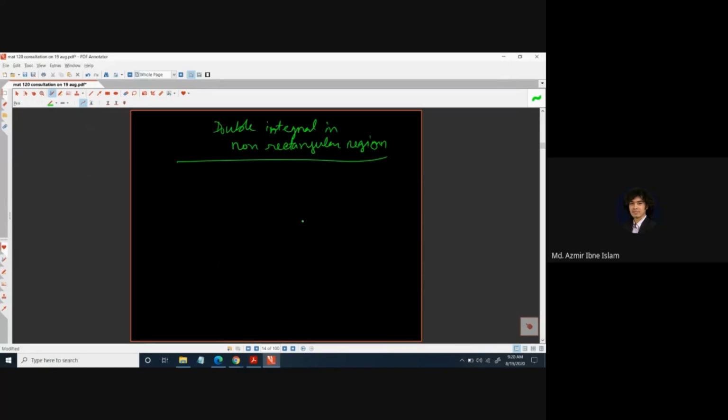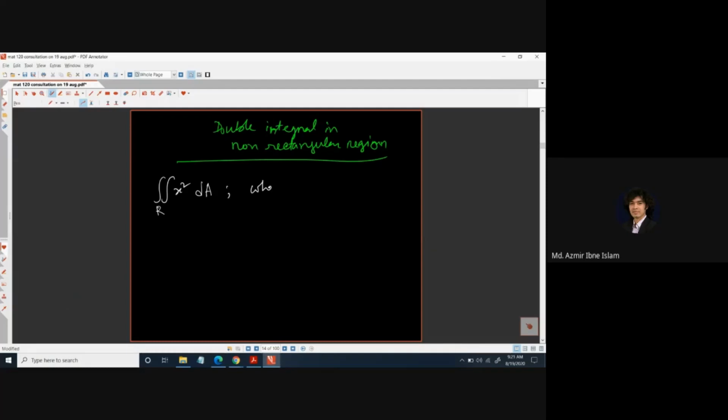Let's say we have a simple function x squared, and the region is given as R, with dA.